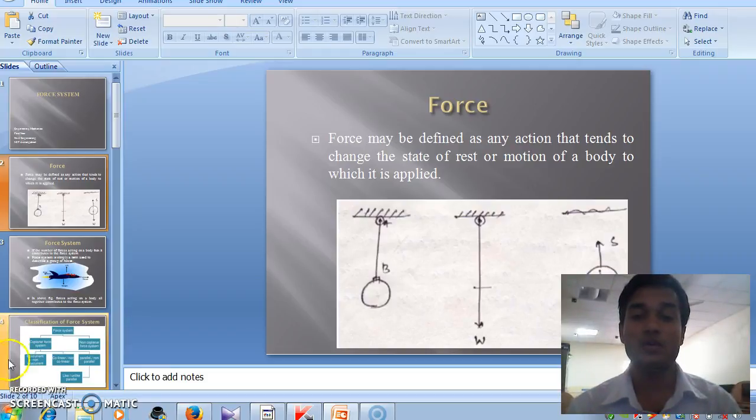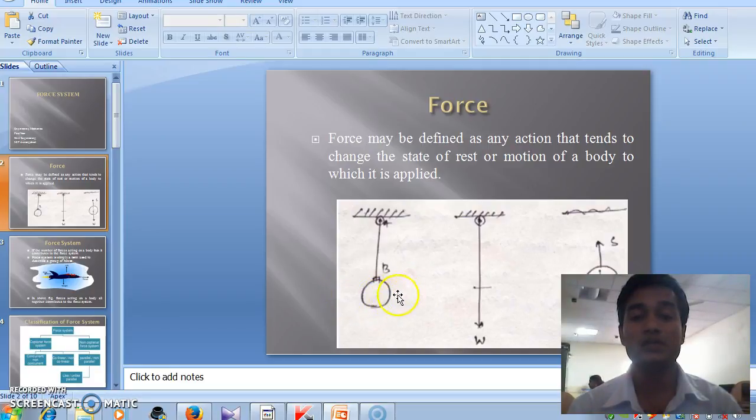If we consider the overall body, a steel ball that is hanged with the help of a rope at this point, and this ball is subjected to a horizontal force at this point in this direction, then after the application of force, this body will tend to move in such manner.